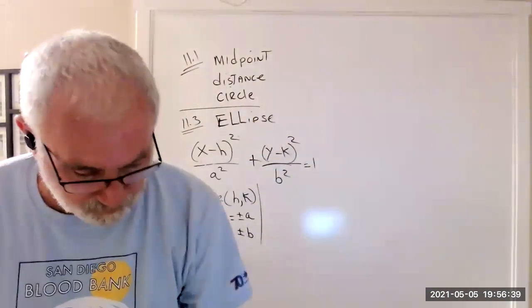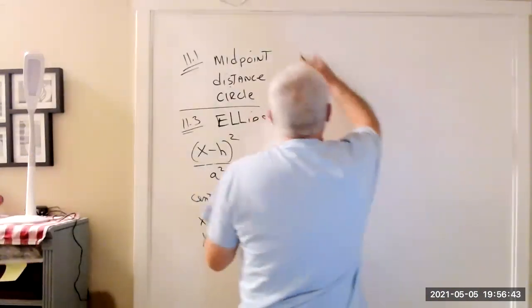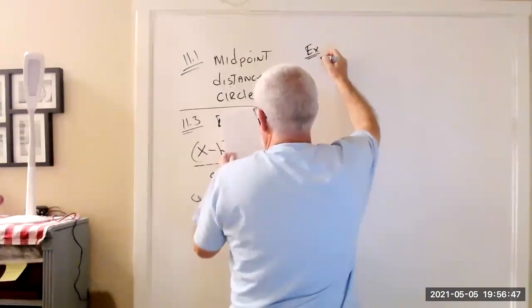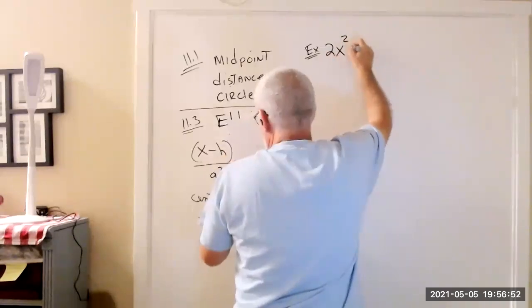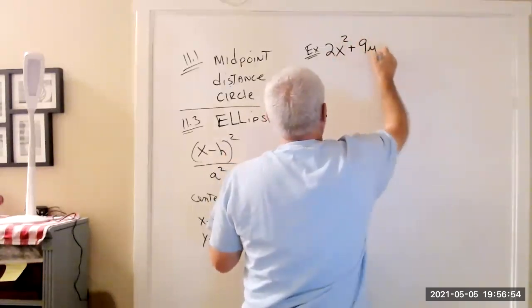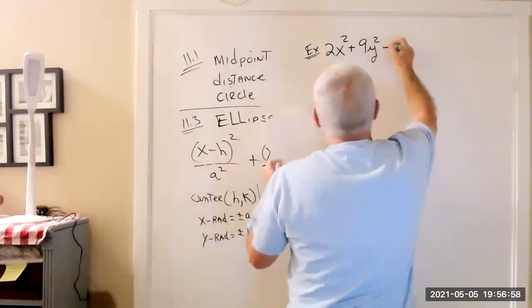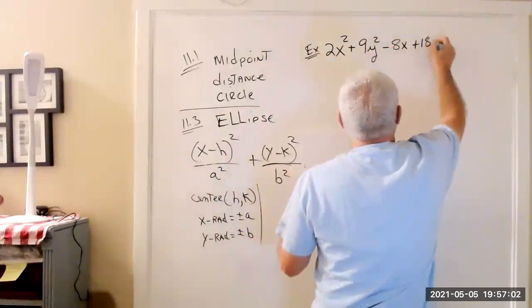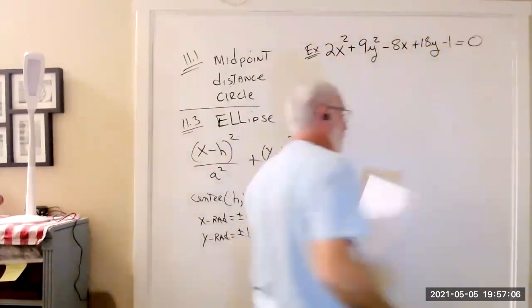So let's say we had this problem. Okay. And I have 2x squared plus 9y squared minus 8x plus 18y minus 1 equals 0.